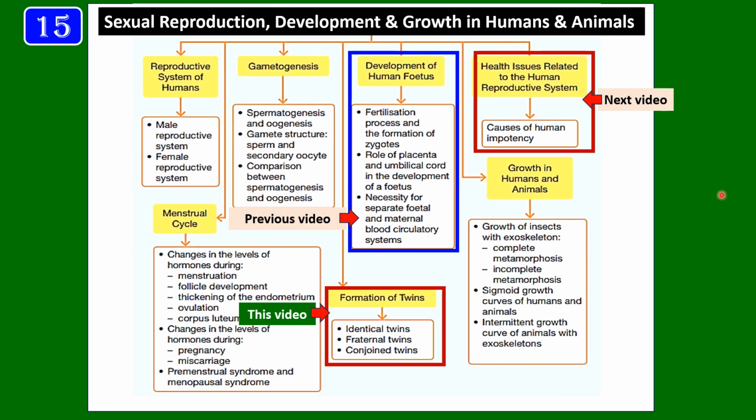So here is our overview or concept map of this chapter, chapter 15, sexual reproduction, development, and growth in humans and animals. Now, in the previous video, we talked about the development of the human fetus. So in this video, we're going to discuss the formation of twins, and these are identical twins, fraternal twins, and conjoined twins.